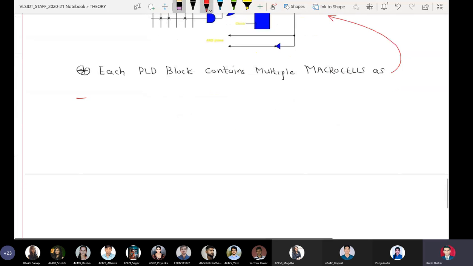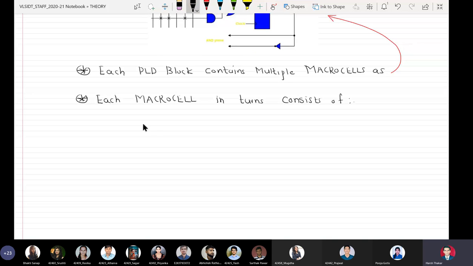First, PAL-like logic. Second is MUX. Third is D flip-flop.